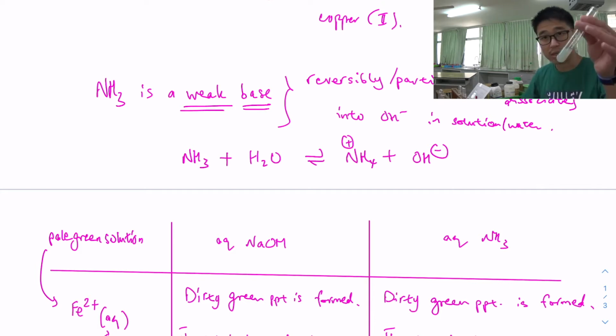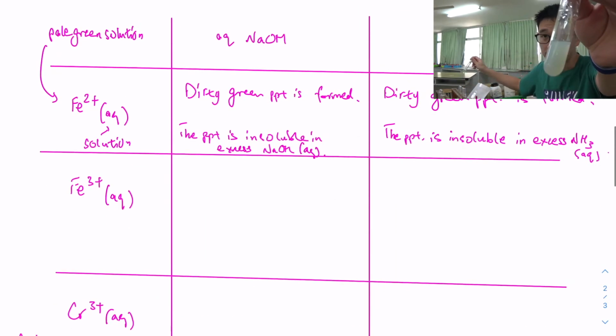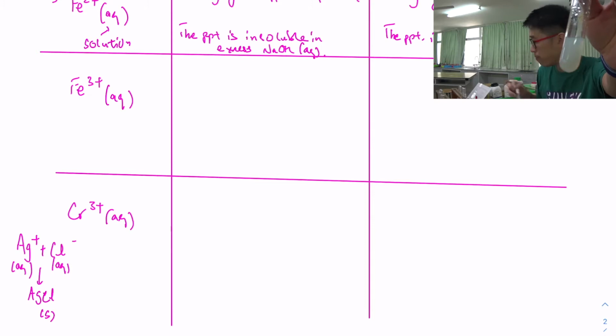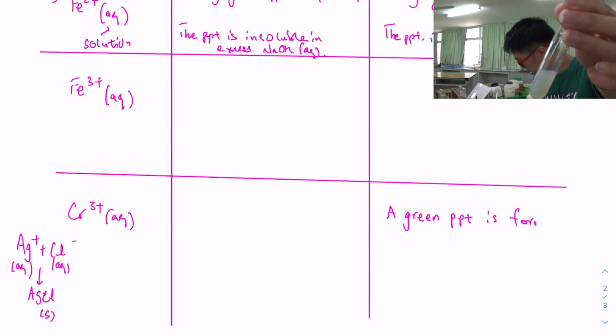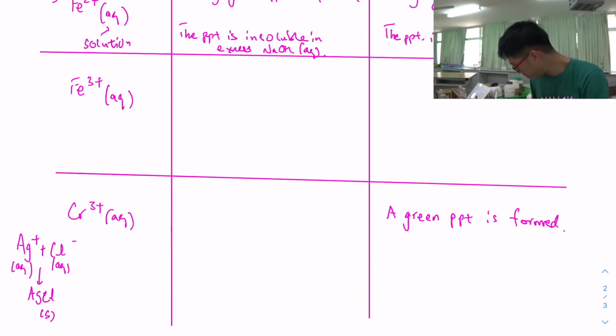So when you get this precipitate, it's the same thing as the chromium 3 hydroxide when you add sodium hydroxide to it. This was adding ammonia to chromium 3+ aqueous. So I get a green precipitate. It's definitely a precipitate, by the way. So the right hand side was with ammonia, so you get a green PPT formed.